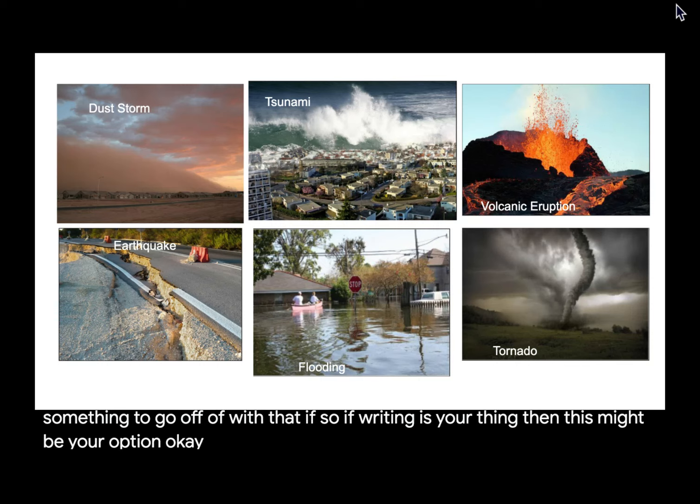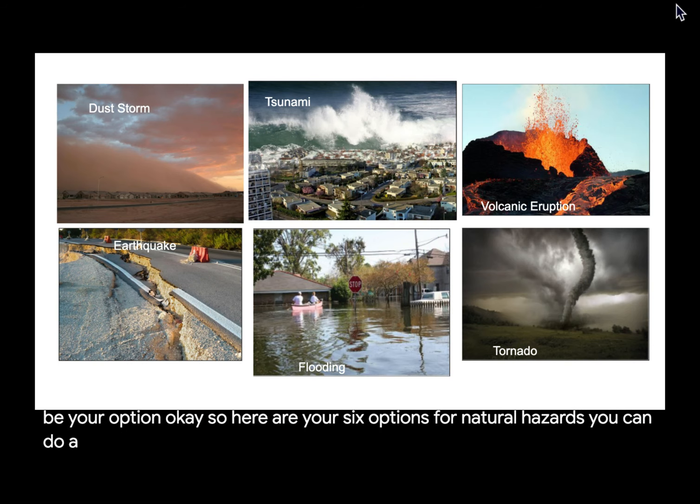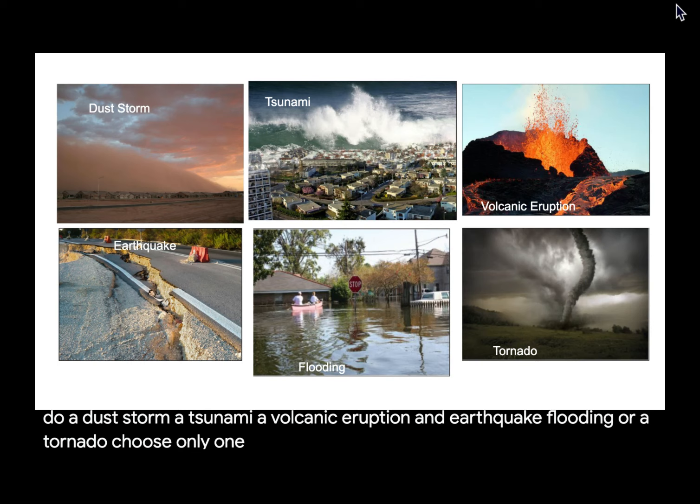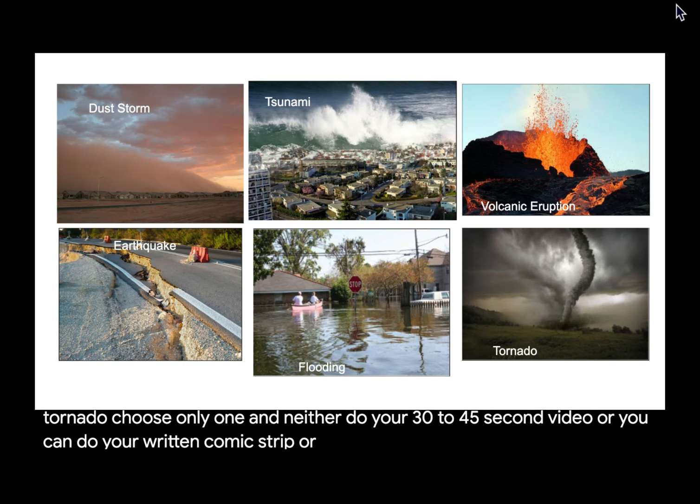Okay, so here are your 6 options for natural hazards. You can do a dust storm, a tsunami, a volcanic eruption, an earthquake, flooding, or a tornado. Choose only one. You can either do your 30 to 45-second video, or you can do your written comic strip or story spine.